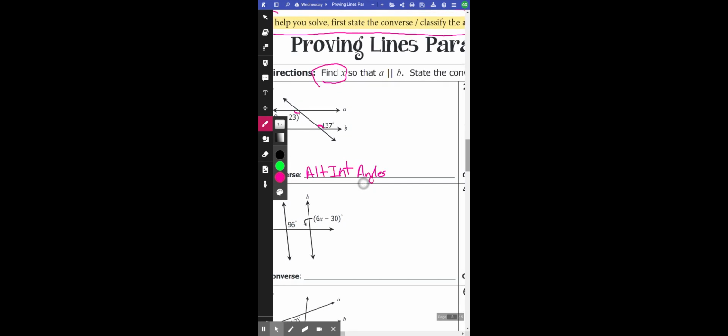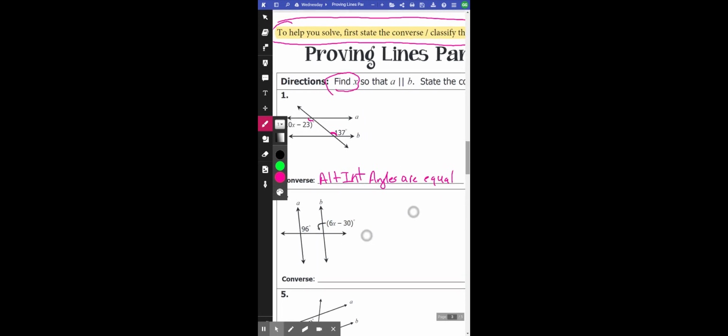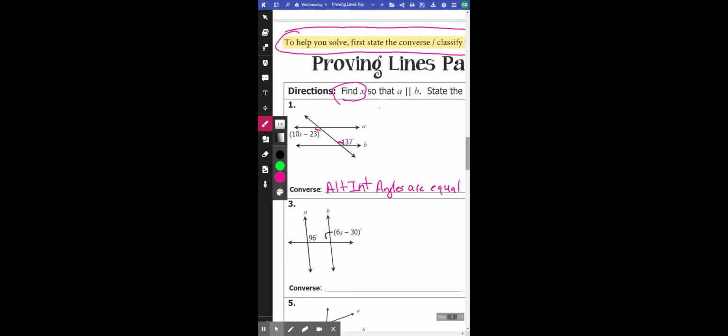Well, these two are alternating interior angles. By definition, alternating interior angles, for them to be parallel, are equal. So 10x minus 23 equals 137. 10x is equal to 160. And x is equal to 16. Should be able to do that math.